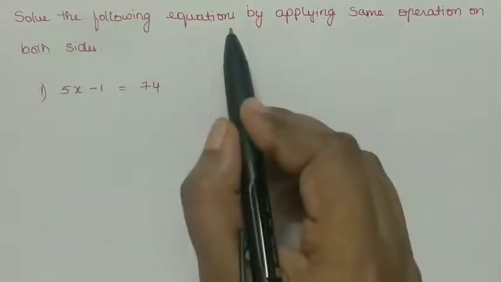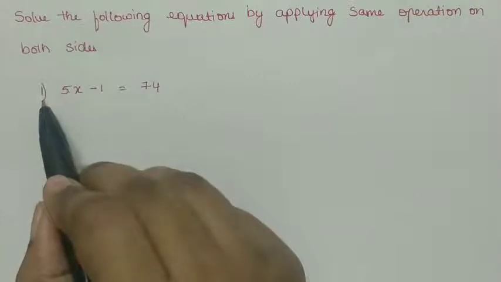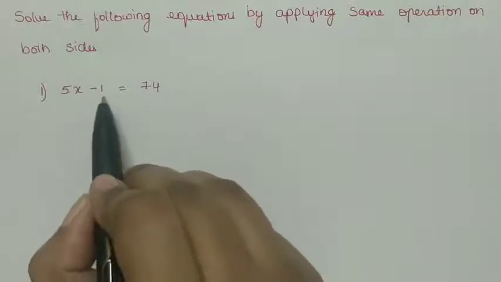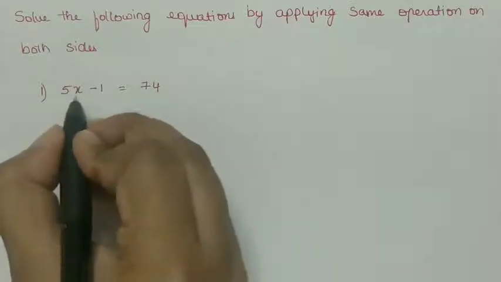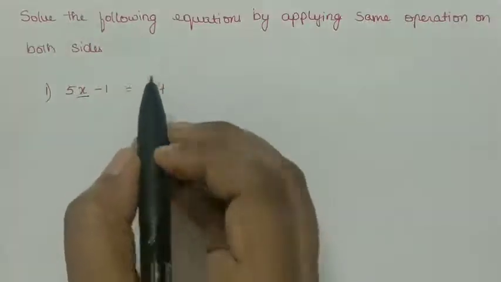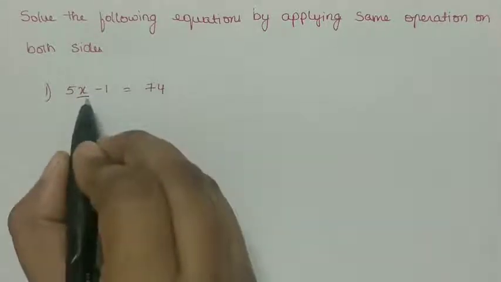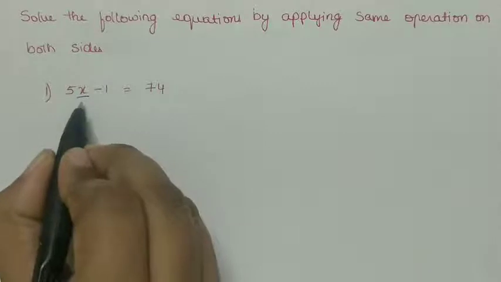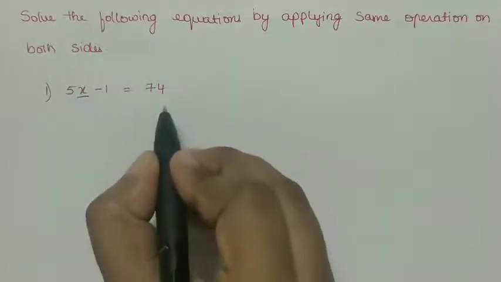Solve the following equations by applying same operation on both sides. First one, 5x minus 1 equal to 74. So we need to find the value of x. For that, apply series of identical mathematical operations on both sides till we get just the variable on one side and the constant on the other side.